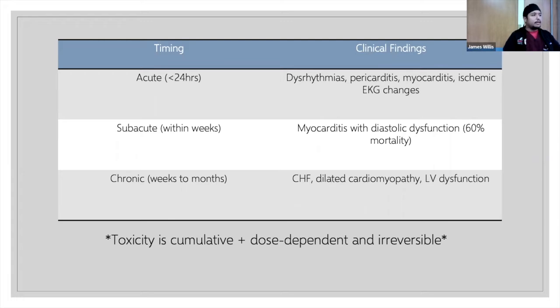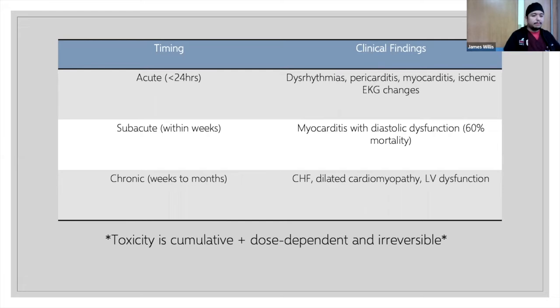And then chronically, they can progress to dilated cardiomyopathy, as was seen in the slide before, with pretty bad CHF or LV dysfunction. The unfortunate thing is that toxicity is cumulative and dose dependent, but it's also irreversible in most cases.